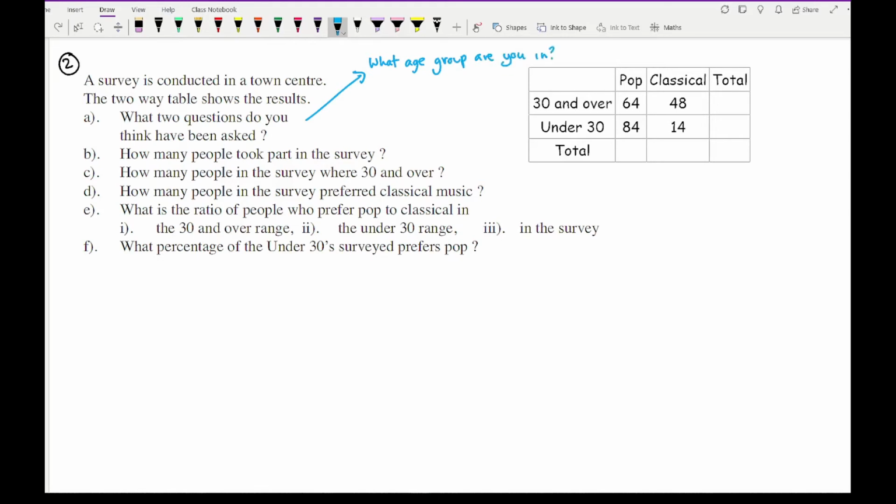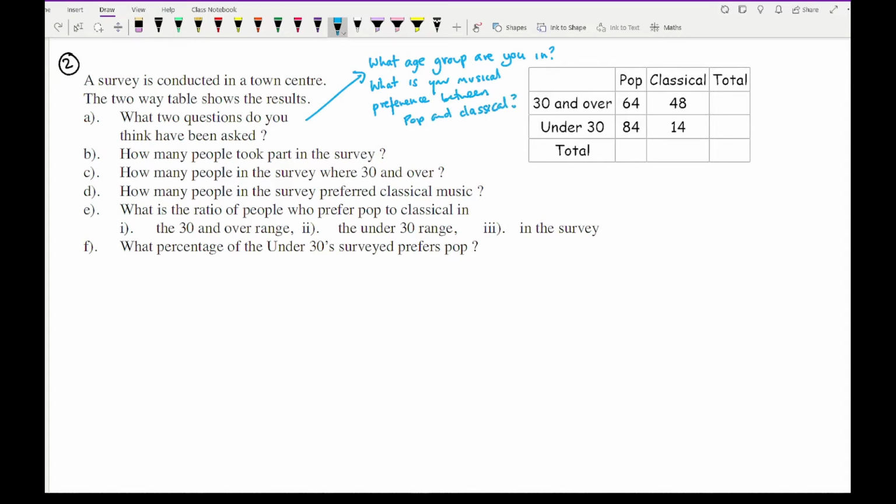Is my first question, and what is your musical preference between pop and classical?